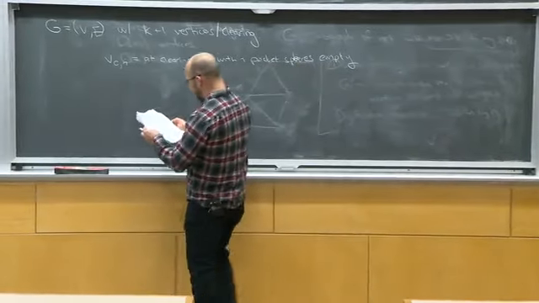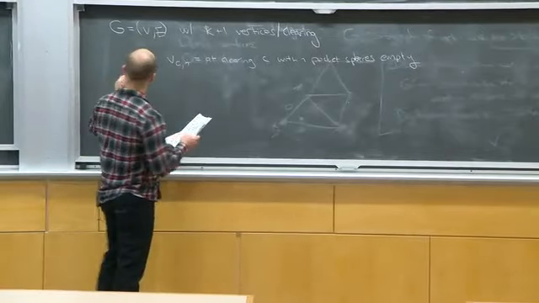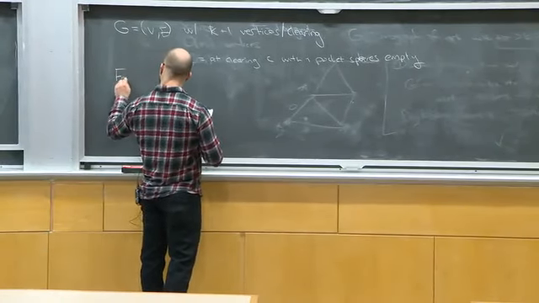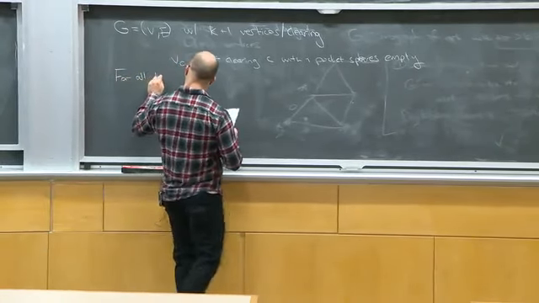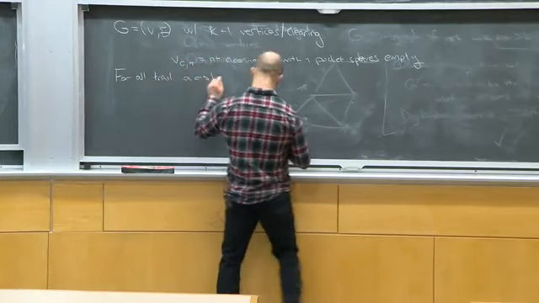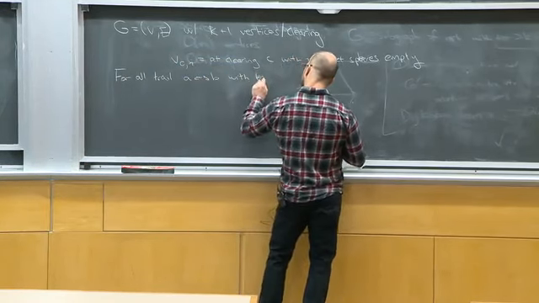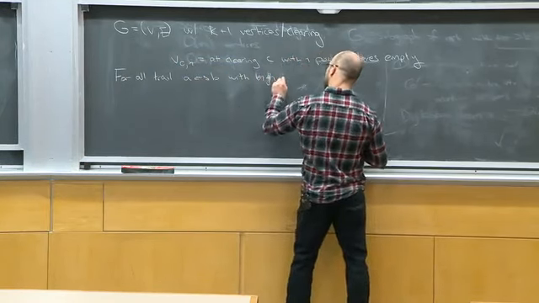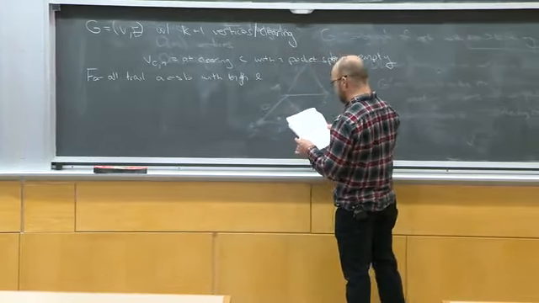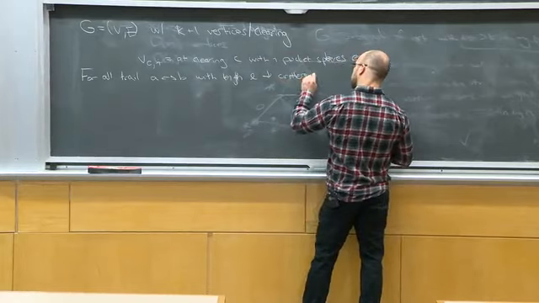Okay. So now I need to tell you how to make the edges in our graph, and so let's do that next. So in particular, for all trails between A and B, with length L and critter C, right?